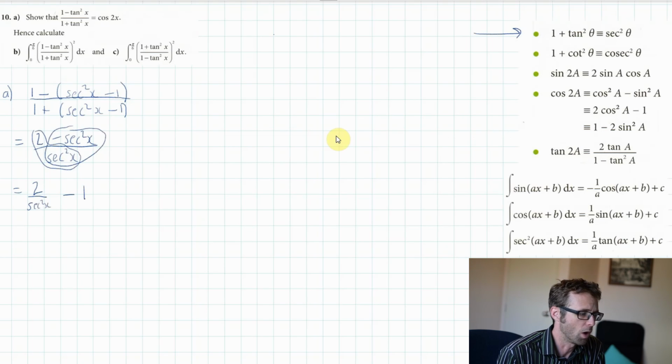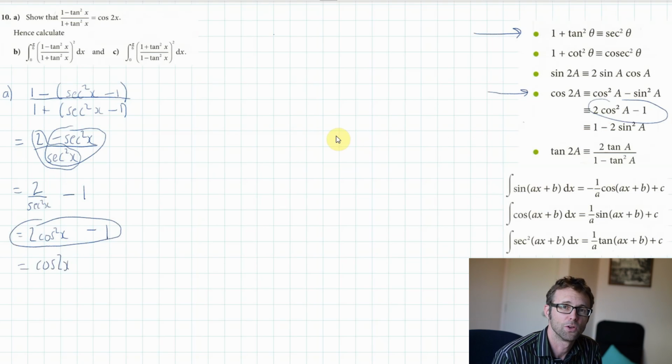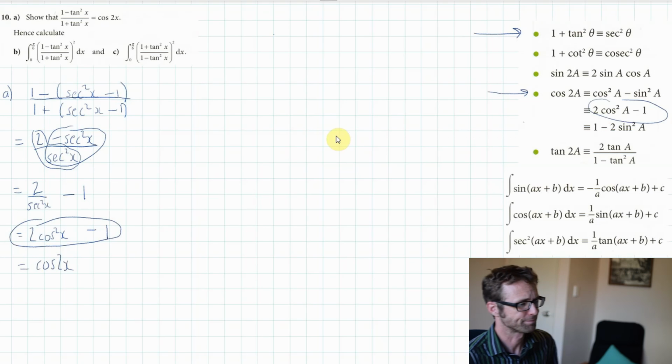Now I know that 2 over sec squared x is the same as 2 cosine squared x, since sec squared x is 1 over cosine squared x. So that's how I've got that, minus 1. And I note at this point that this is an identity; you can see that that's the same as cosine 2x. So that's the first part of the question.